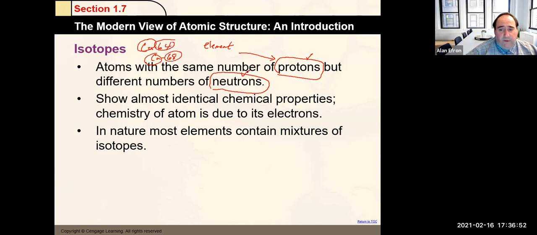Because they are the same element, they will have very similar chemical properties. That's because most chemical reactions we deal with involve electrons and what happens with electrons. They are either gained, lost, or shared. In normal chemical reactions, that's usually the subatomic particle involved.